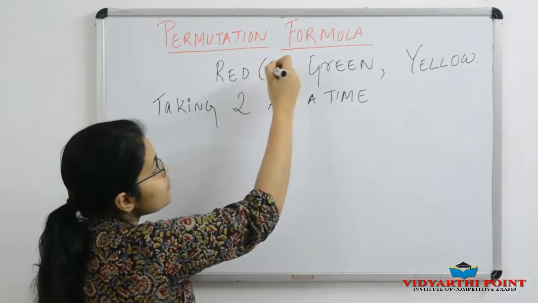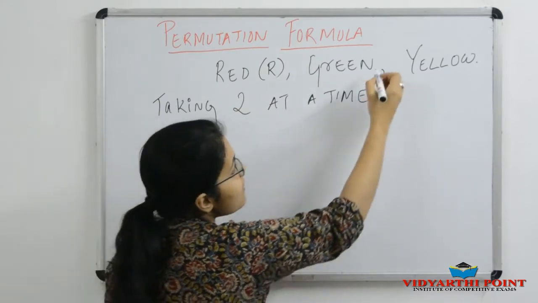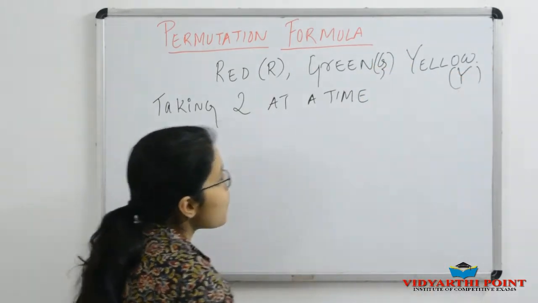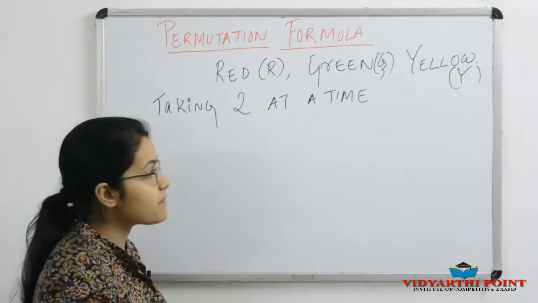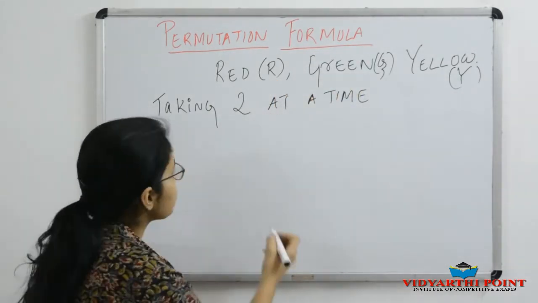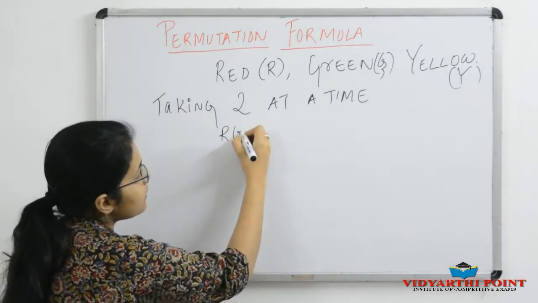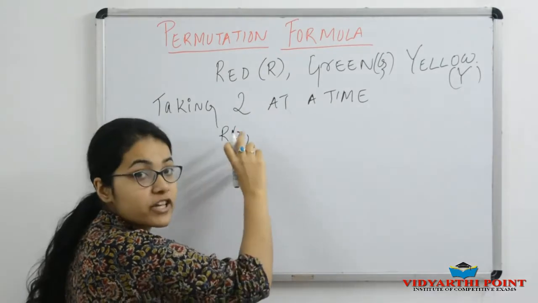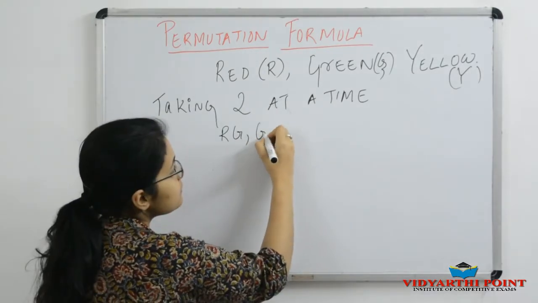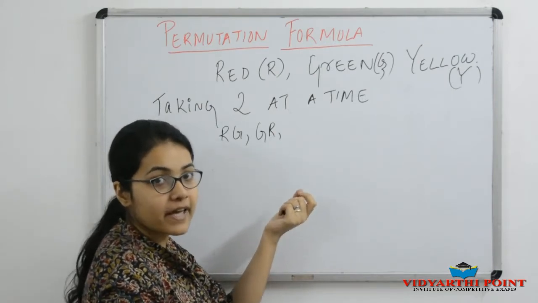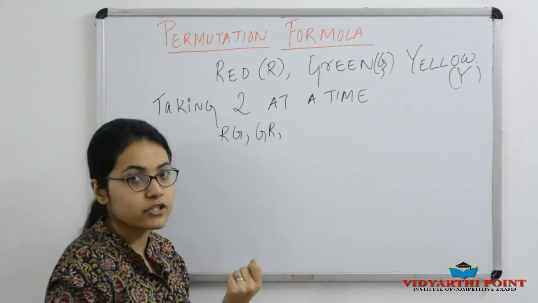Here let us represent red as R, green as G and yellow as Y. Arrange them, that is, taking two at a time. At first let us take red and green. This is one arrangement. Again we will change their order. We got another arrangement by changing the order. As we know, the order is important in permutation.